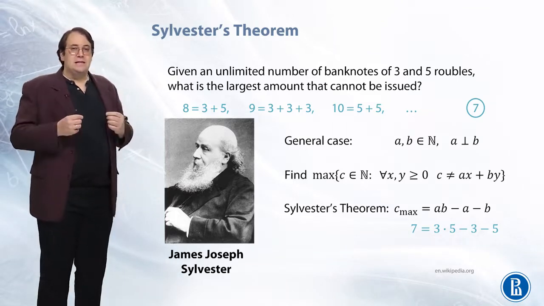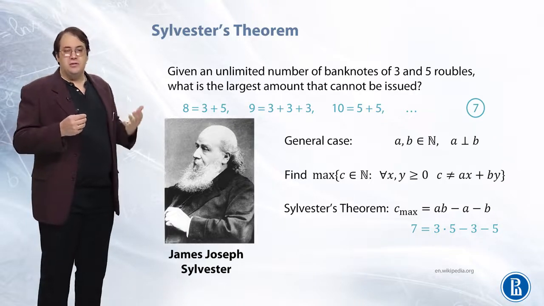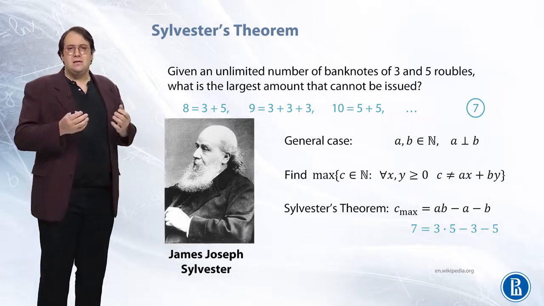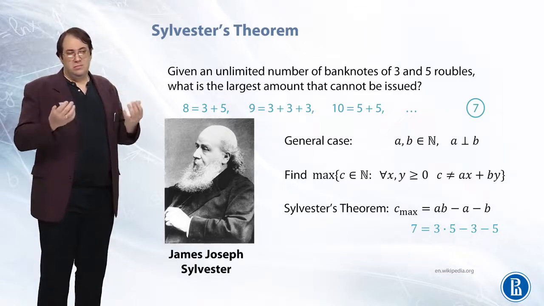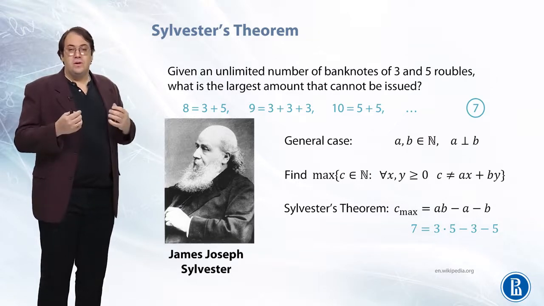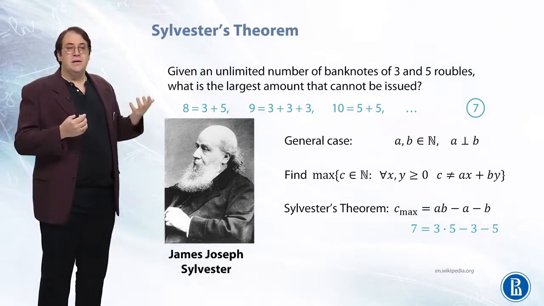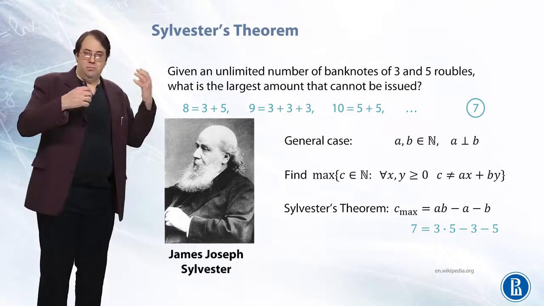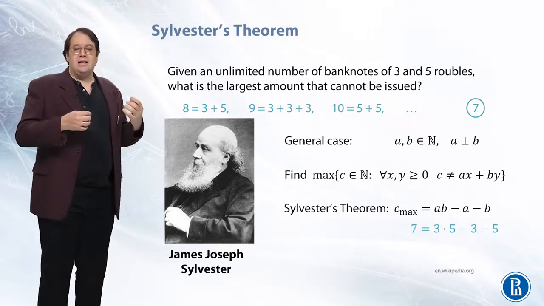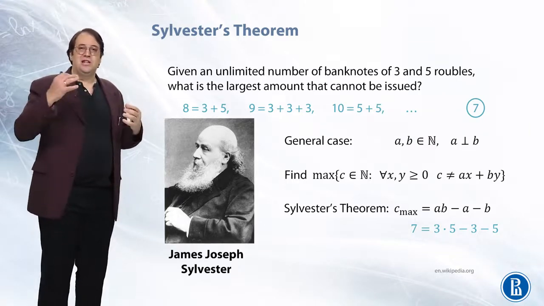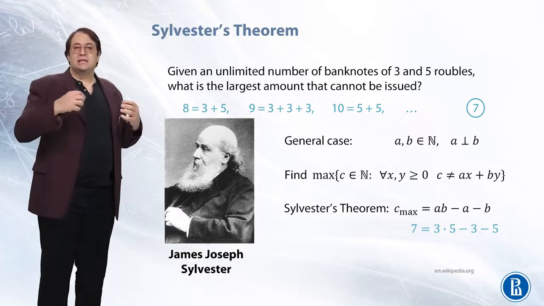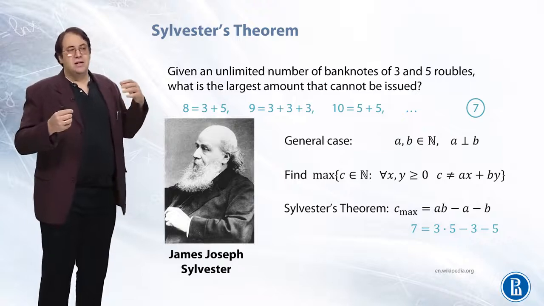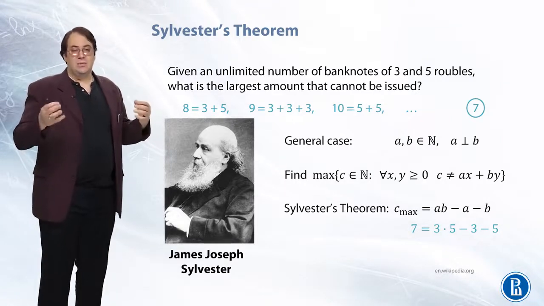The interesting thing is that James Joseph Sylvester, who proved this theorem, lived a long time ago, but still we don't have a nice enough formula for a similar problem with 3 numbers, 3 integers, say a, b, and some more integer c, and asking what is the greatest integer d such that d cannot be represented as ax plus by plus cz with non-negative x, y, z.